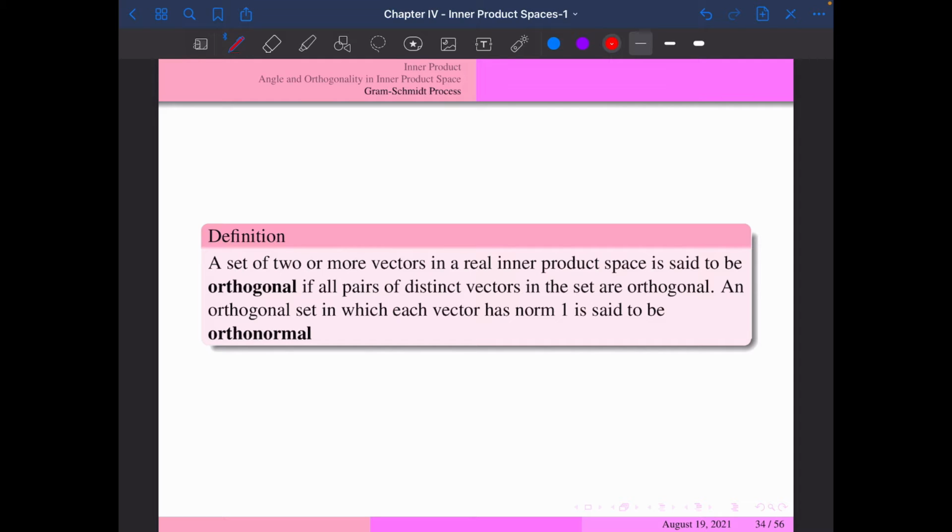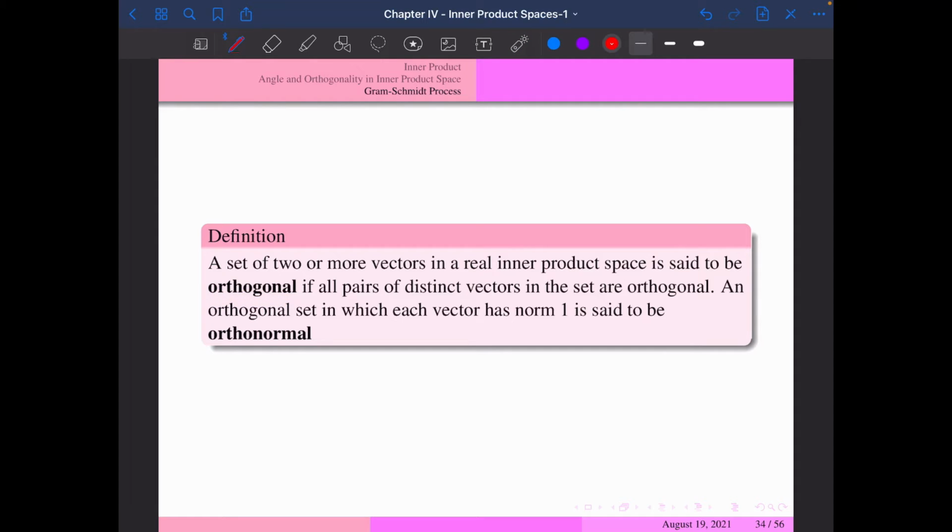We say that if we have a set with two or more elements in a real vector space, the set is orthogonal if all pairs of distinct vectors in that set are orthogonal. This is the meaning of an orthogonal set.